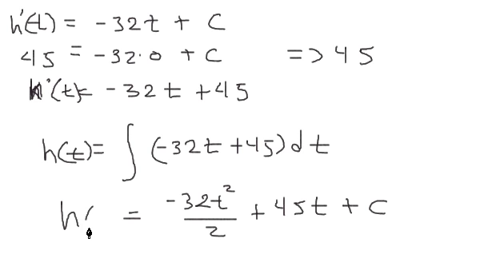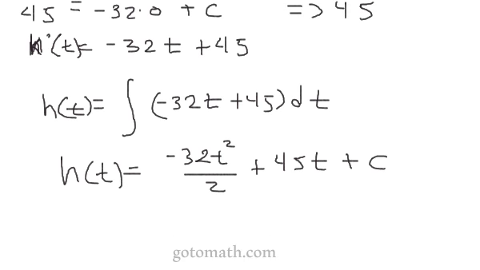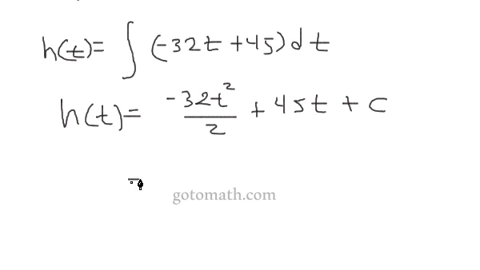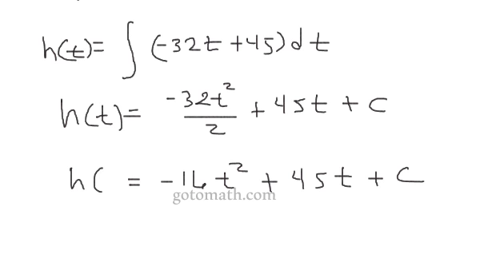And therefore we have h of t is equal to, and now what we're going to want to do is take 2 divided into 32: negative 16t squared plus 45t plus c. We're just simplifying it down a little bit.